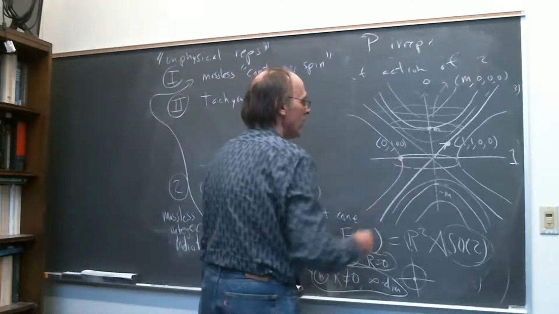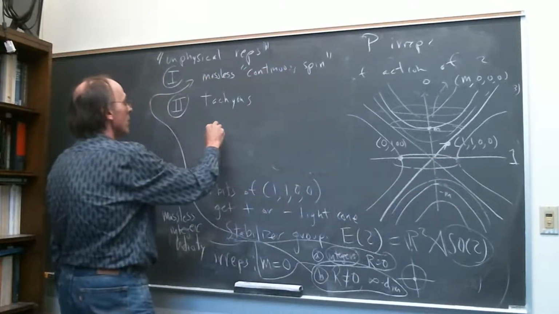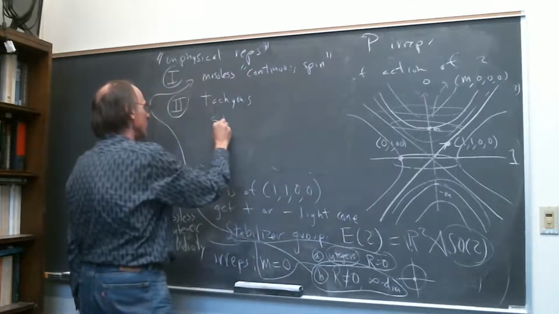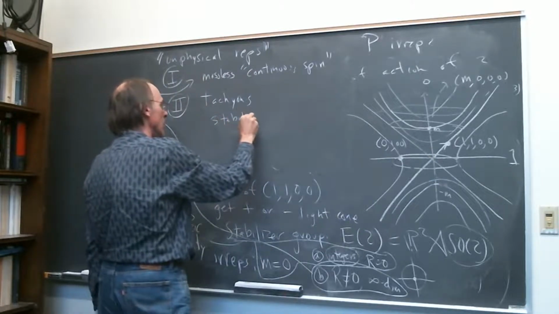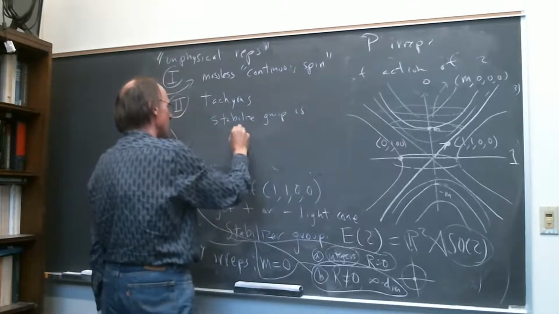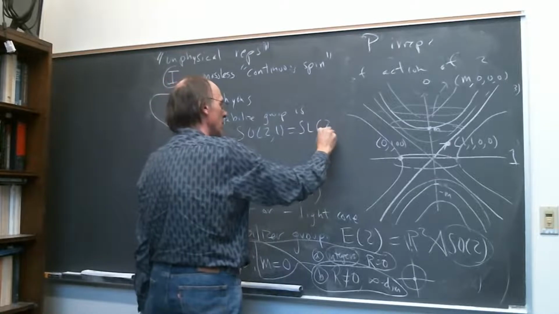And these guys, you can actually figure out the stabilizer group is SO(2,1), SL(2,R).